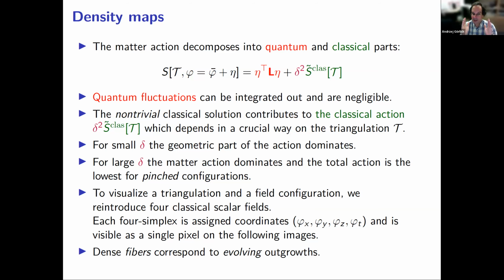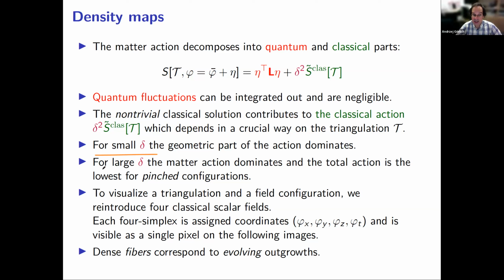But to summarize the previous part, with a single scalar field winding the time direction, we indeed observe that for small delta, the geometric part of the action dominates, and there is really no change between no field at all and small delta.